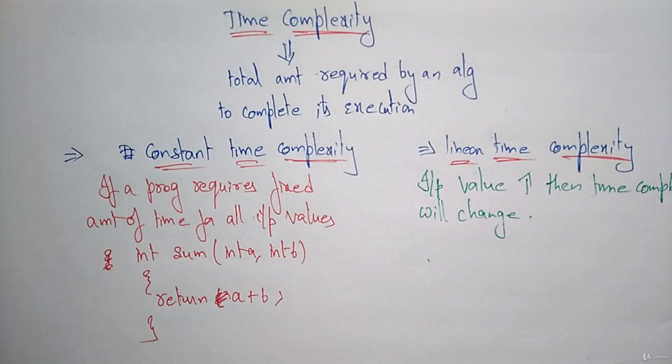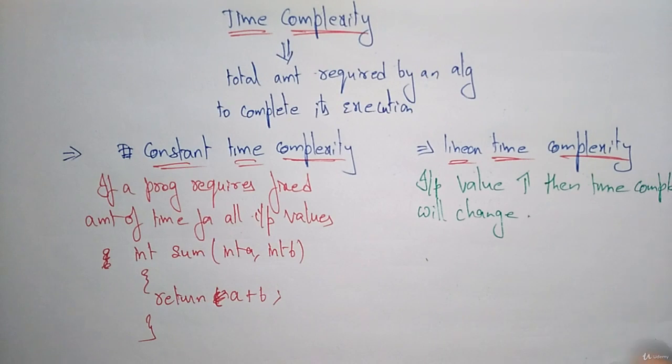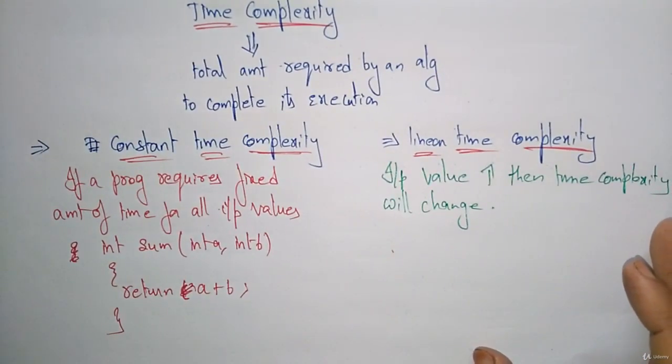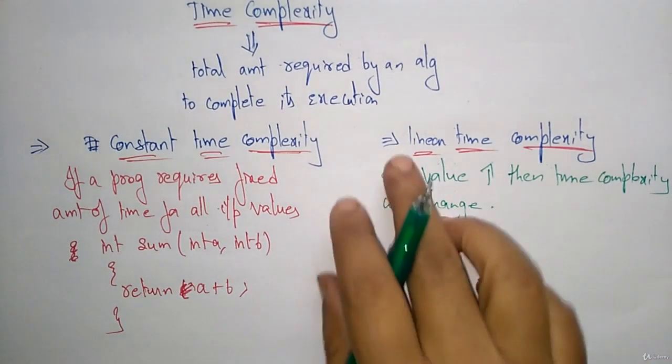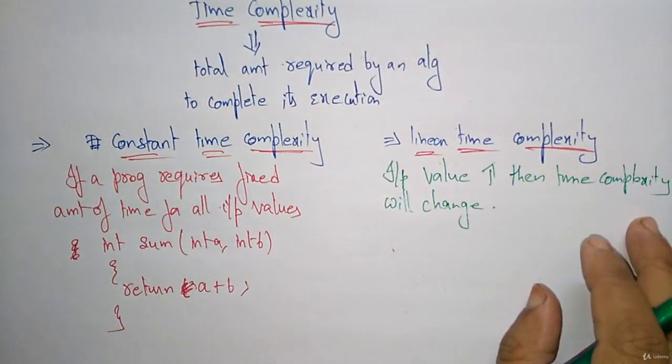So whenever the input values are increasing, automatically the algorithm space complexity is also increasing, means it is varying. Just like that, here also in the linear time complexity, whenever you are using more input values, the time complexity will be calculated for those input values, or else if you are using more steps to calculate the problem, automatically the time complexity will be increased. In that case you call it a linear time complexity.